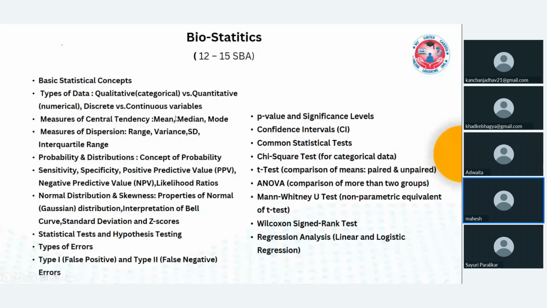Then the next and most important topic is biostatistics. This is one of the important topics for part 1 as well as part 2. It will have a 12 to 15% weightage of single best answer questions.